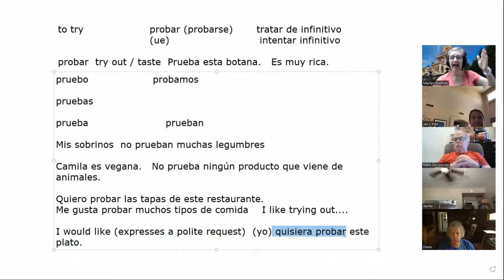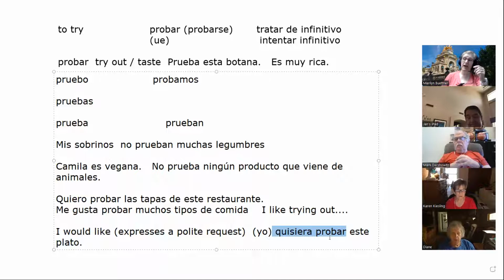See? And the difference is, do you mean it as a request because you're asking a waiter to bring that out? Or do you just say, oh, I like doing this, as in, hey, it's okay if you take me to some unusual restaurant because I like eating that. Yeah, see? Me gusta talks about your preferences, right?